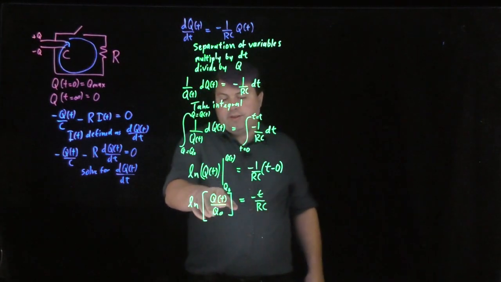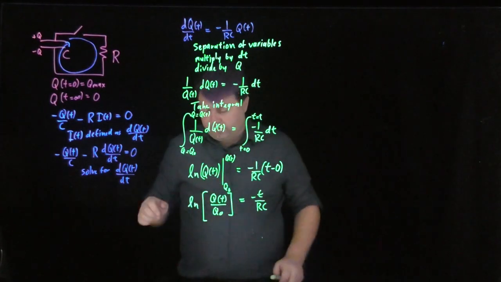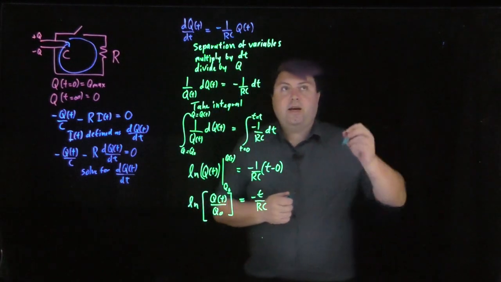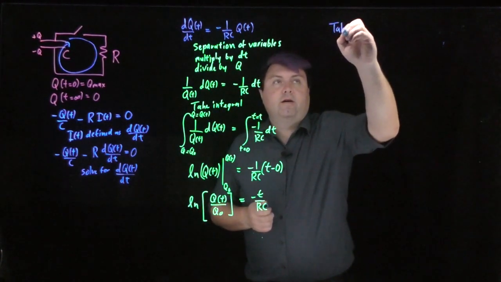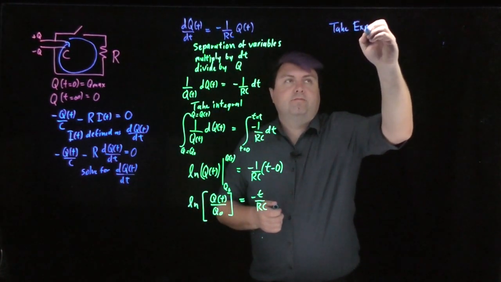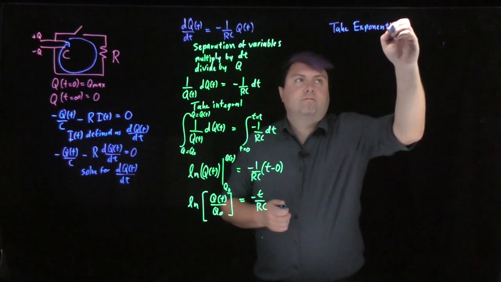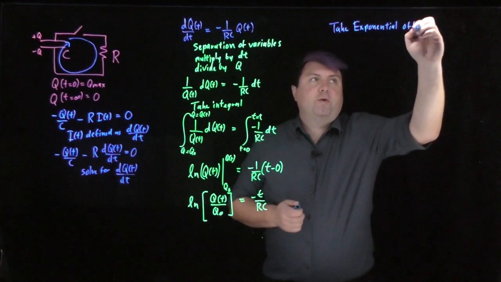So if I want to get this Q(t) out of this natural log, I need to take the exponential of both sides.